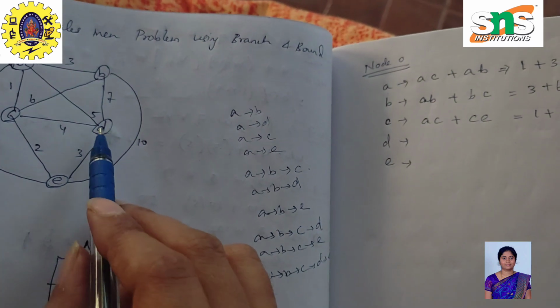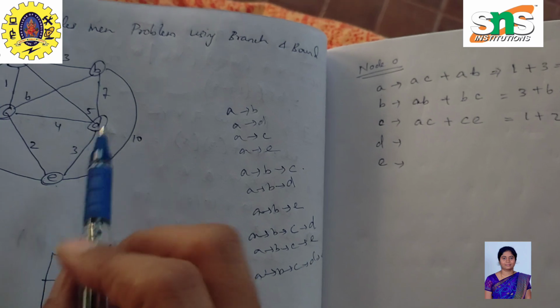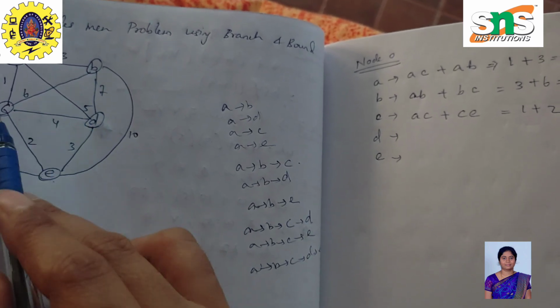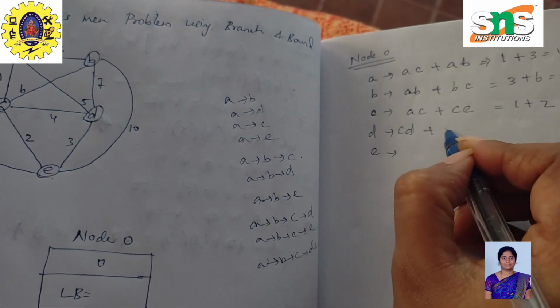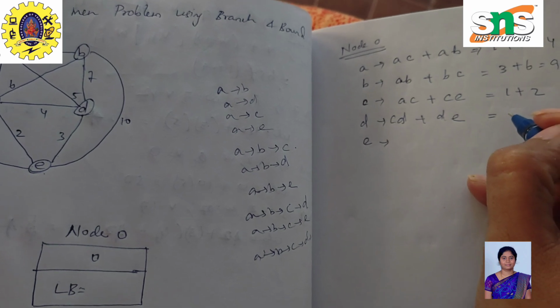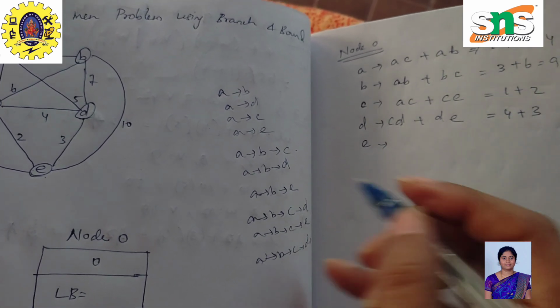And for D, adjacent nodes A, B, C, E. The minimum values are C and E, so CD plus DE: CD is 4 and DE is 3.